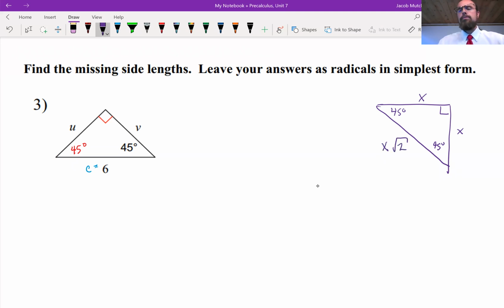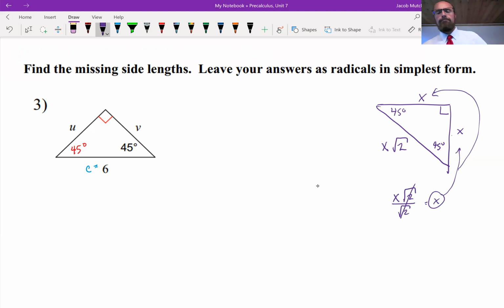So in general terms, for me to go from a length that I know is the hypotenuse back to a leg length, I just need to divide by the square root of 2. We can see that if I took that hypotenuse, x square root of 2, divided by square root of 2, that would cancel and give us just x, which would match what we're calling the two leg lengths.